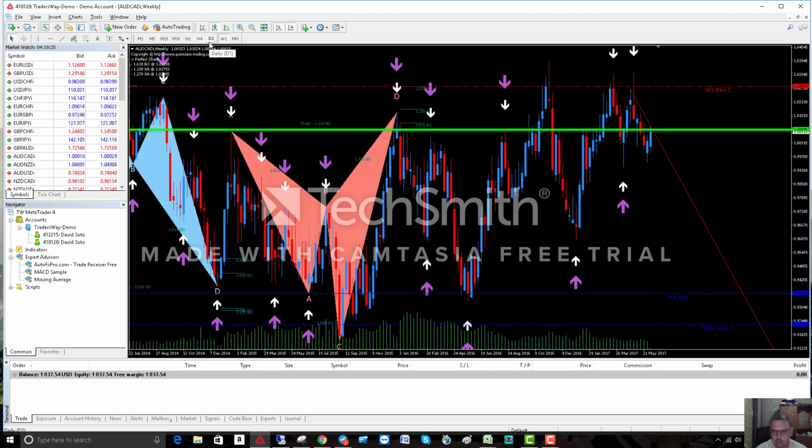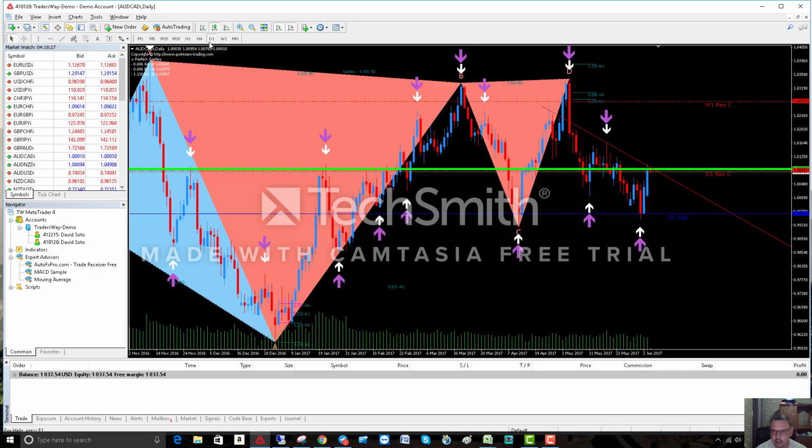The weekly is showing bearish, and the daily is kind of showing bearish too, because this trend line is not perfect, but when you have 3 or more points that line up, 1, 2, 3 points, you have a trend. And we do have a bearish harmonic pattern here.